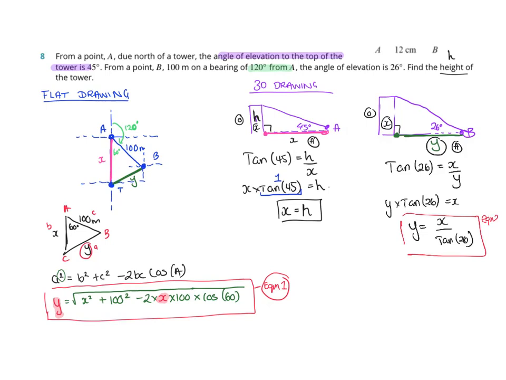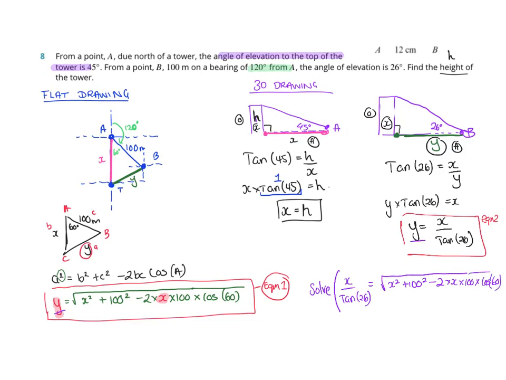So equation 2. Now I can use the solve function on the calculator, and because that's a y and that's also y, I can simply let them equal each other. So I go solve: x over tan 26 has to equal this other y, which we worked out, plus 100 squared minus 2 times x times 100 times cos 60.